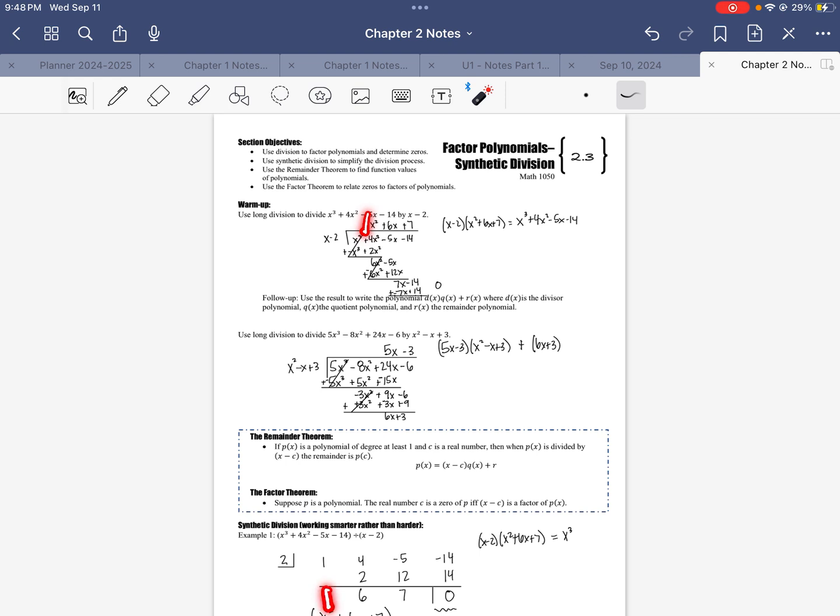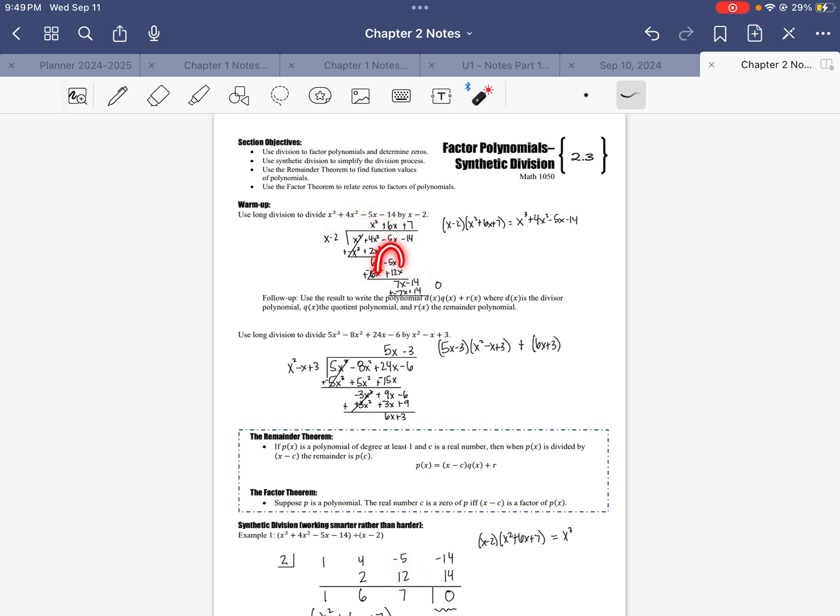And then why do we do 1 times 2? Well, because we would have done 1 times 2 to put here, which is what we put here. And then we would add the 4 and the 2 to get 6. And then we would multiply here to get this guy. Okay, so then we do the 6 times 2 to get the 12.